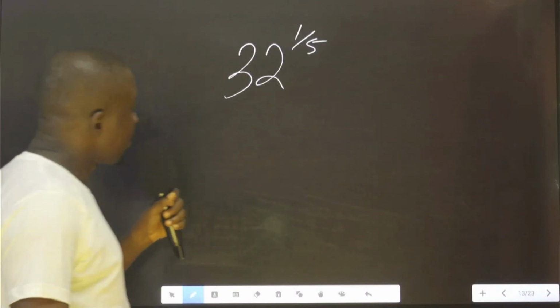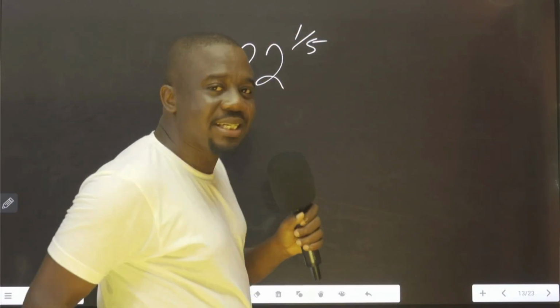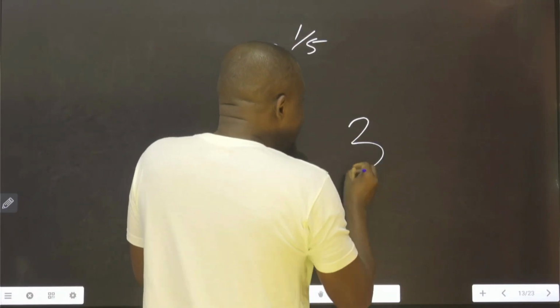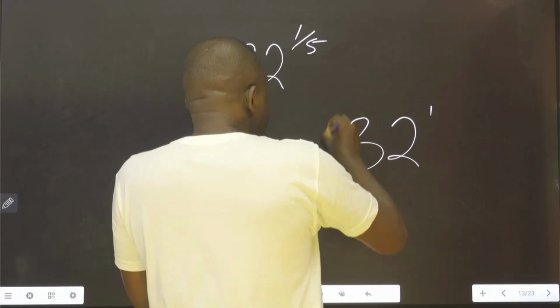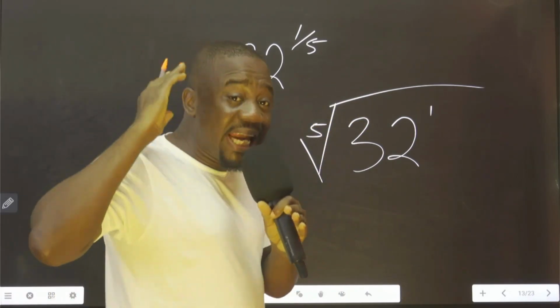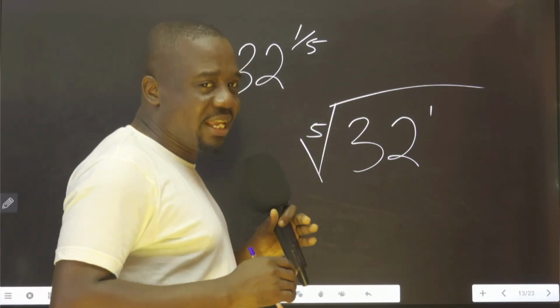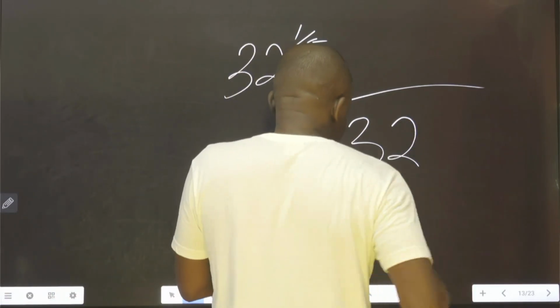Next. This. As I said, if you have anything like this, it means this upper one, we do the squaring. While this will be for the root, 5th root. You agree with me? Anything raised to the power 1 is the same thing. You raise to the power 1, you are still the same. Therefore, we can remove this, no issue.